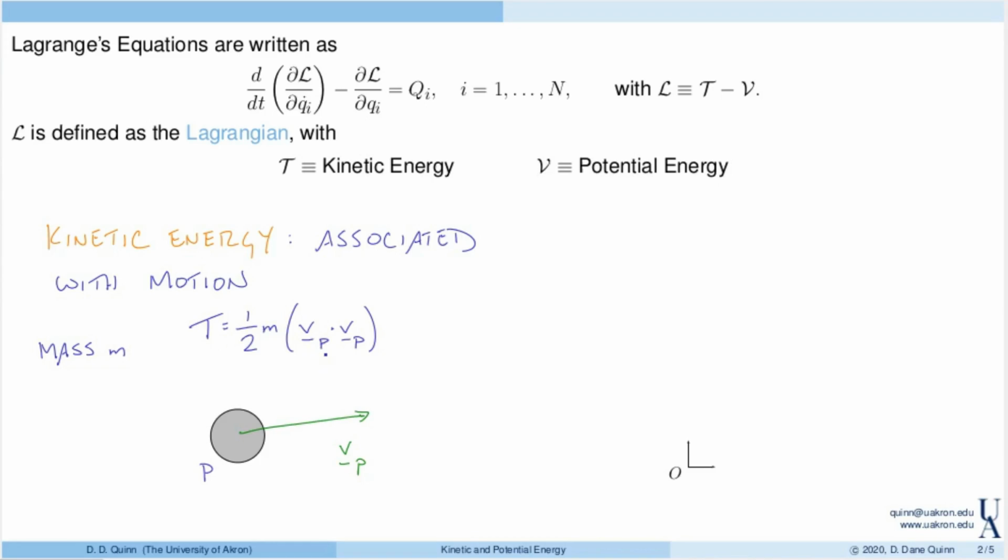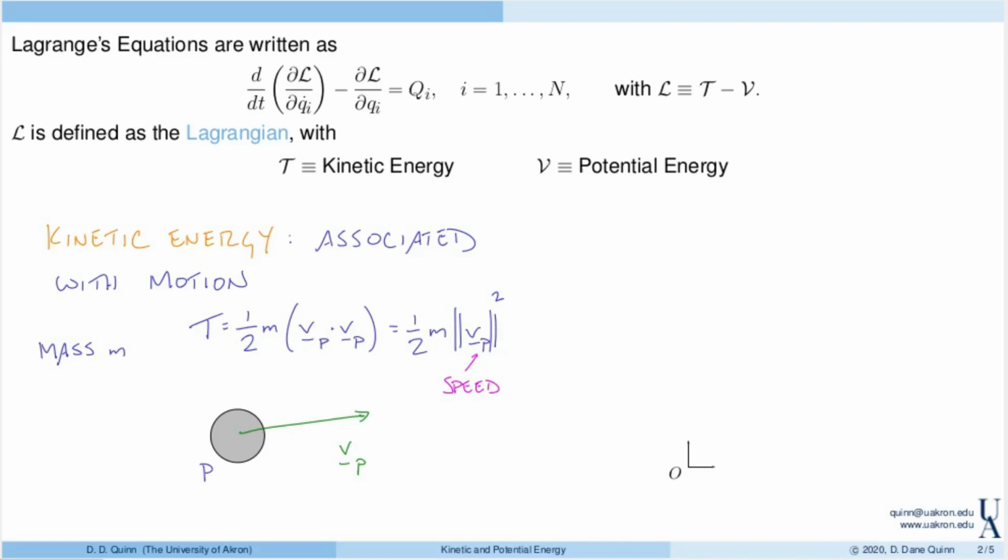Well, speed is the magnitude of velocity, and the easiest way to find the speed squared is to simply dot the velocity with itself. So again, it's 1/2 times the magnitude of the velocity squared, which again is the speed. So that's kinetic energy for a particle.